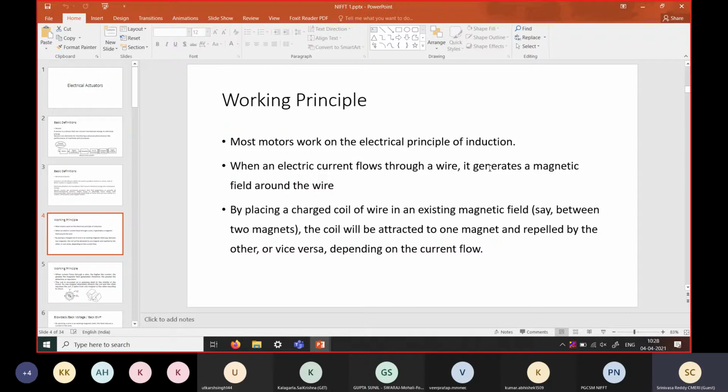Due to these repulsion and attraction forces, this current carrying conductor will experience a torque which will result in motion of the conductor. This principle is used to have a meaningful motion in the form of an electrical motor.